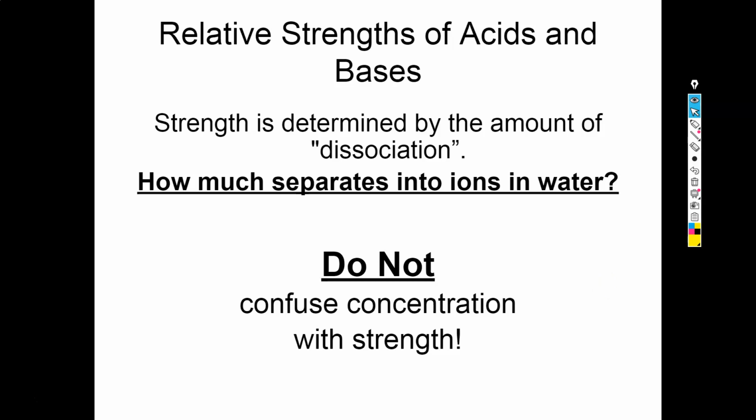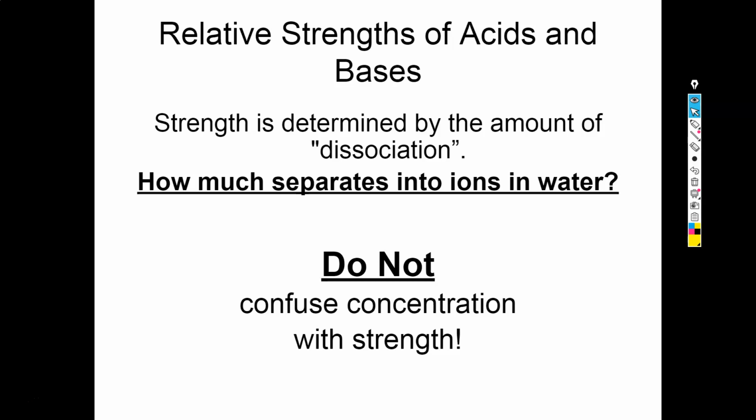We also need to define what is actually happening in terms of how strong are these acids. Are they going to eat through our skin? And so you need to understand that we have two different terminologies. When we are talking about a concentration of an acid, we are literally talking about an acid that has the power to eat through clothing and skin and so forth.